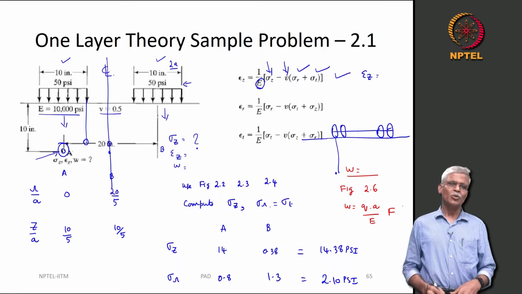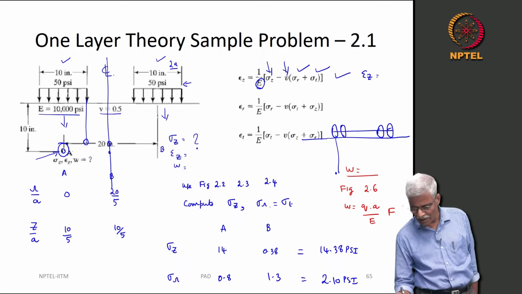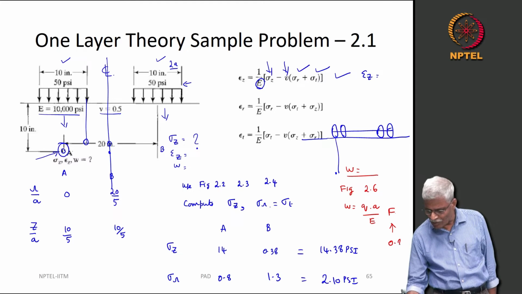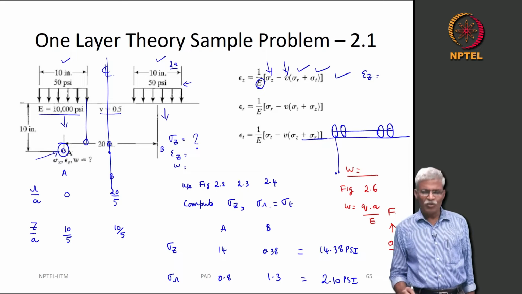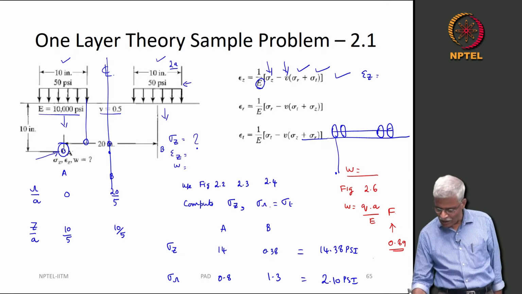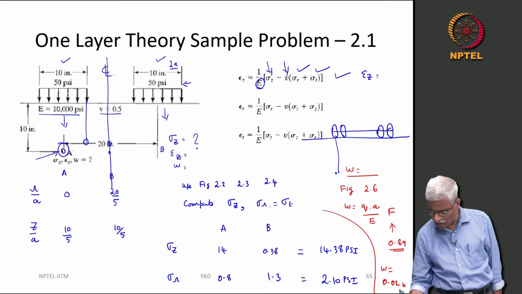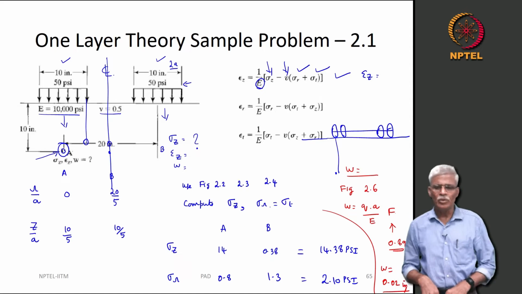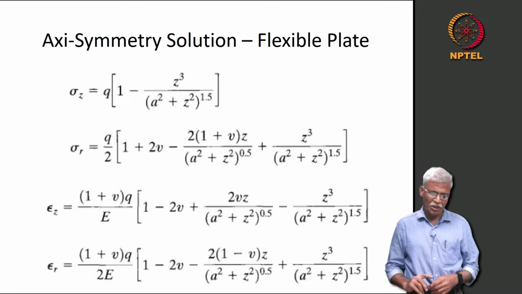When you do the superposition of the left hand side wheel as well as the right hand side wheel and compute the value of F, you are going to get something like 0.89. So, please do that, and once you substitute 0.89 here, you might get the correct value as around 0.02 inches. So, this is typically how you are expected to solve this particular problem. This is just a demonstration of it.